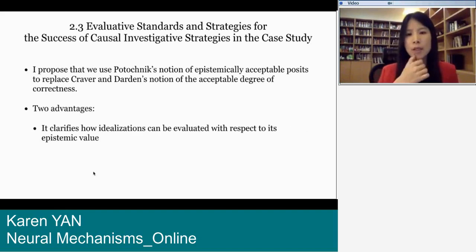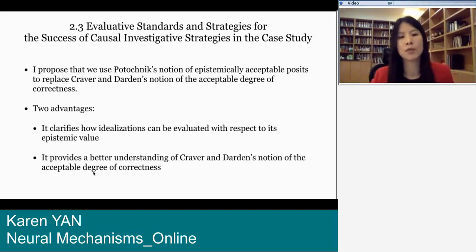One is that it really clarifies how idealization can be evaluated with respect to its epistemic value. We don't rely on simple truth anymore; we use epistemic acceptability. And it provides a better understanding of Craver and Darden's notion of acceptable degree of correctness, especially in view of idealization.